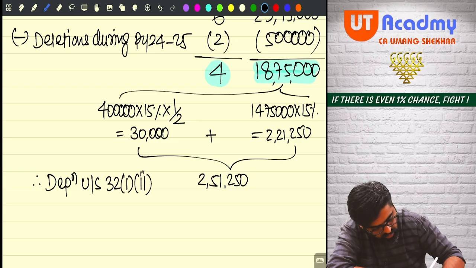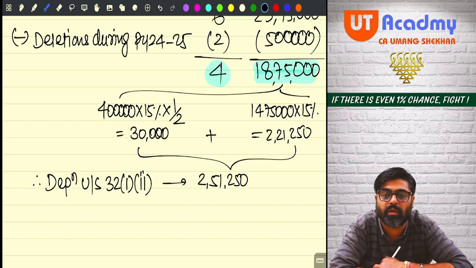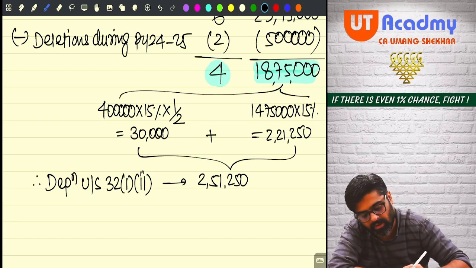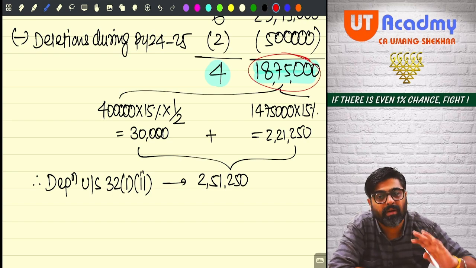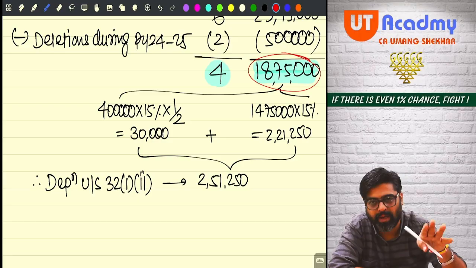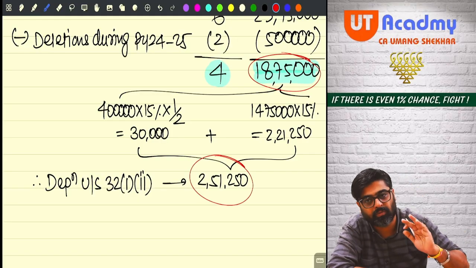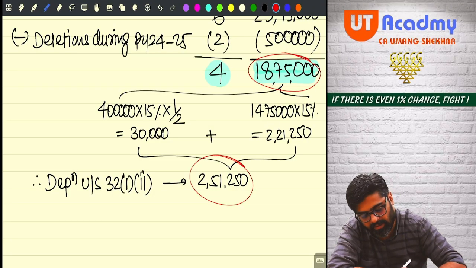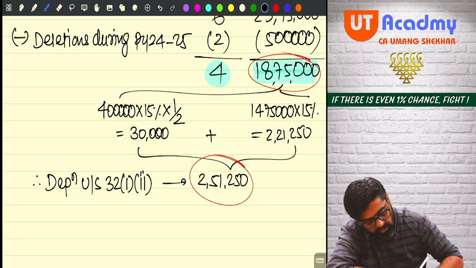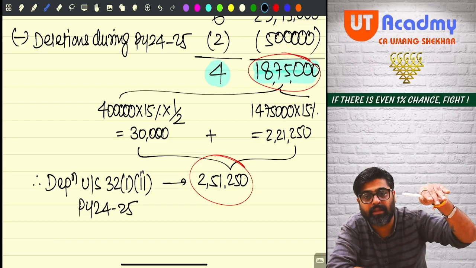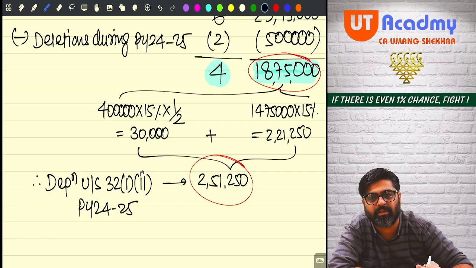Now this depreciation will be allowed, meaning that as on the last day of the relevant previous year, in your block you have this much cost, yes or no? But this entire cost will not be allowed as depreciation in this year. Out of this cost, only this much will be allowed in the previous year 24-25. So for previous year 24-25, out of 1875, this much will be allowed as depreciation.